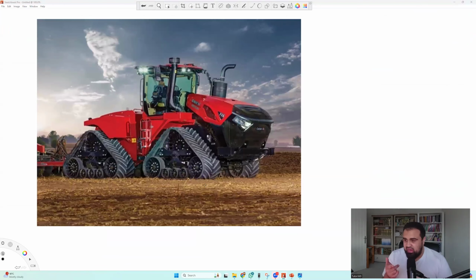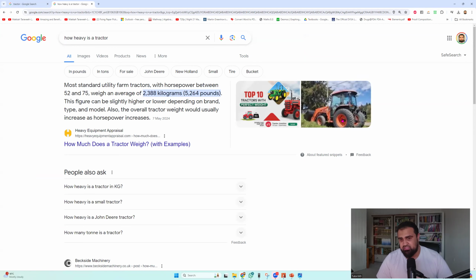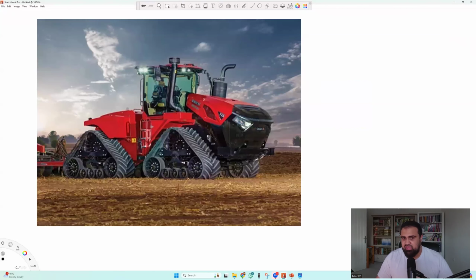That tractor is literally, I don't even know how heavy it is, but it's in the tons. This is a small one. This one would easily be like 10 tons or something.